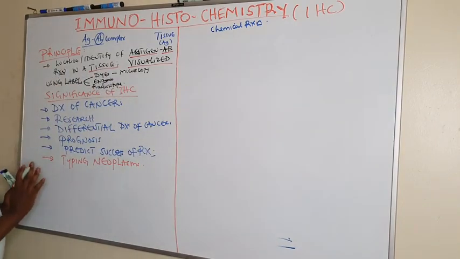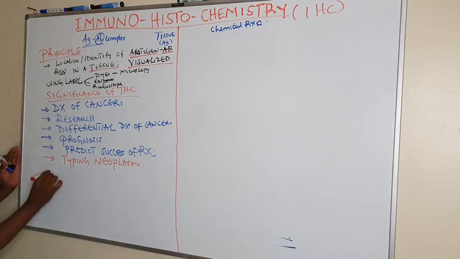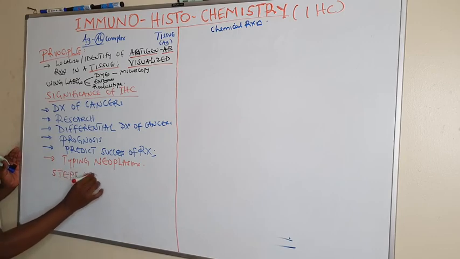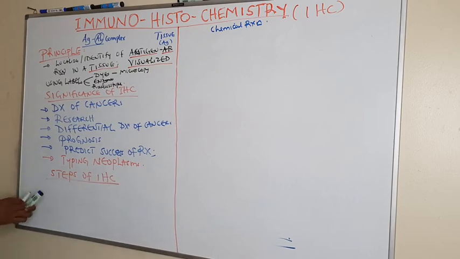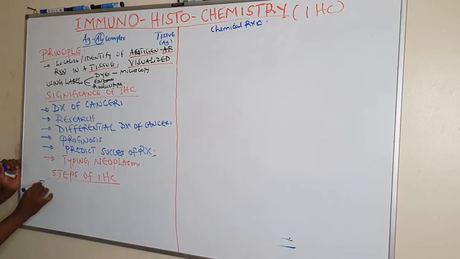After understanding the application, now we are going to look at the steps of immunohistochemistry. Among the steps, number 1 is tissue processing, or what we call tissue preparation.